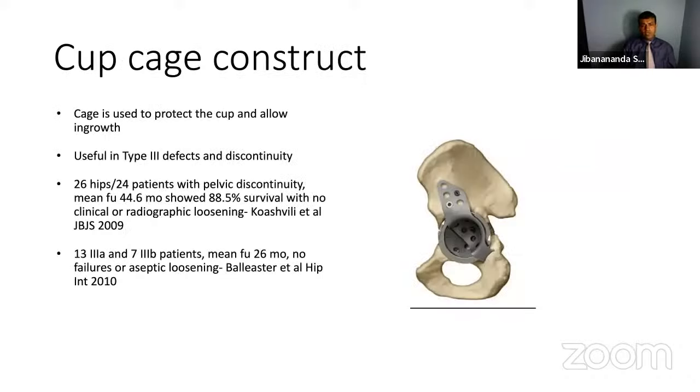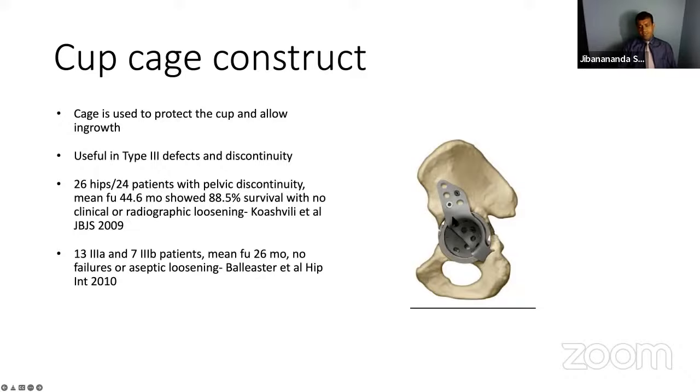Another way to reconstruct bone loss with pelvic discontinuity is a cup cage construct. Before, they used to do what we call a cage cup construct. So you used to do the cage first and then cement a liner to it. That seemed to fail because the cage doesn't grow in. Ultimately, if the pelvic discontinuity doesn't heal, with chronic fatigue, it failed significantly.